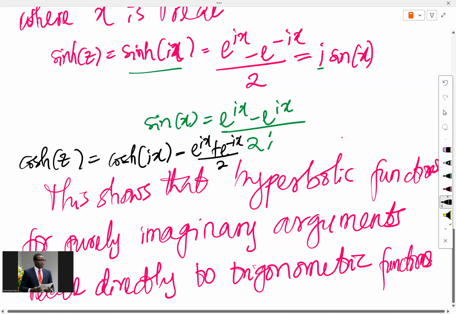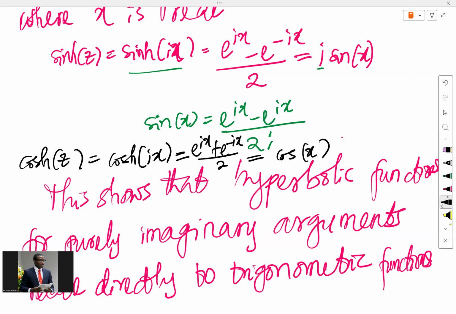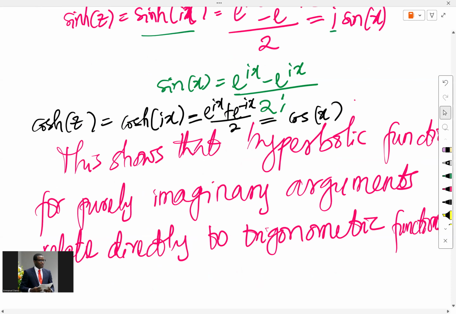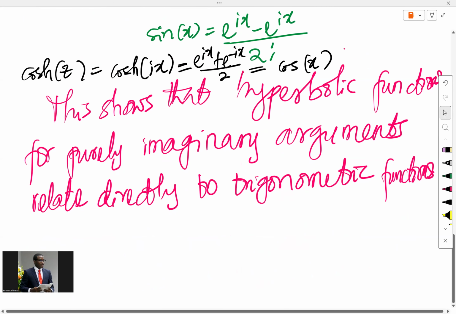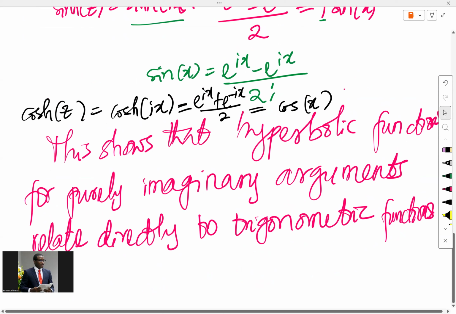And of course, this is exactly the expression for cos x. So that shows us that cosh ix is the same thing as cos x. And this shows that hyperbolic functions for purely imaginary arguments relate directly to trigonometric functions.